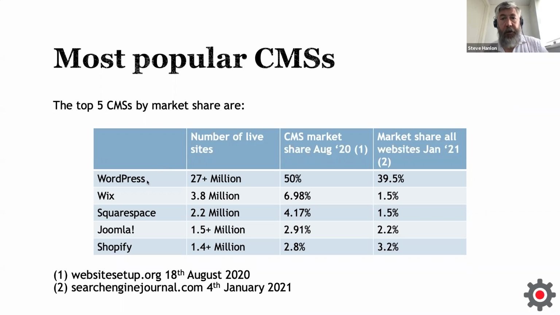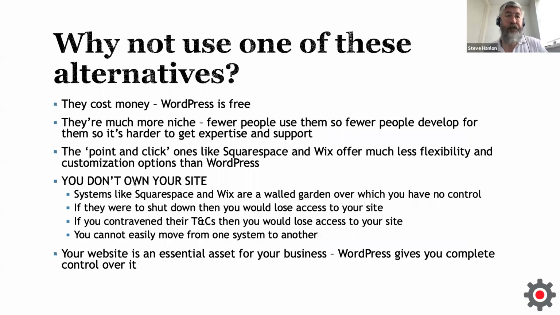So there must be some good reasons for people to choose WordPress. Why do people choose WordPress, or why not choose one of the others? Well, some of them cost money. Some you either have to buy a license for or pay, say, a monthly subscription.